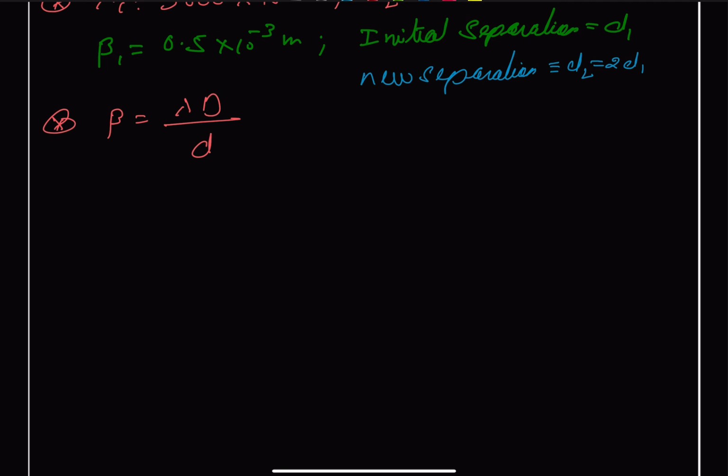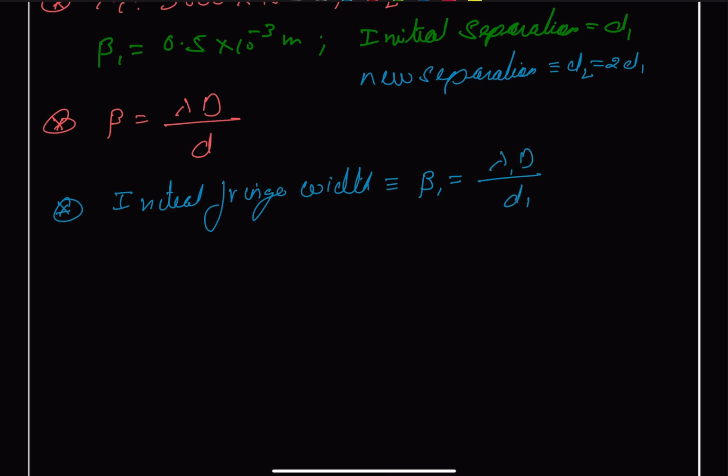Initial fringe width, that is our beta 1, will be equal to lambda 1 D divided by d1, and then we have new fringe width, that is our beta 2, equal to lambda 2 D divided by d2.